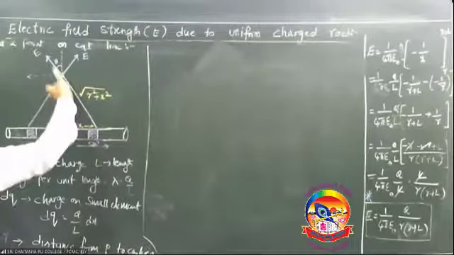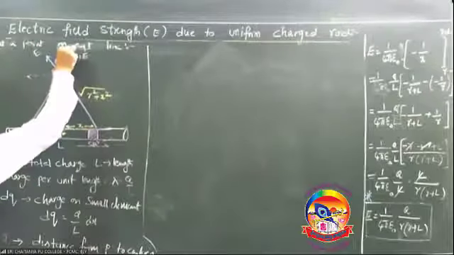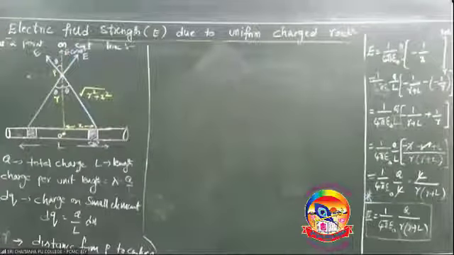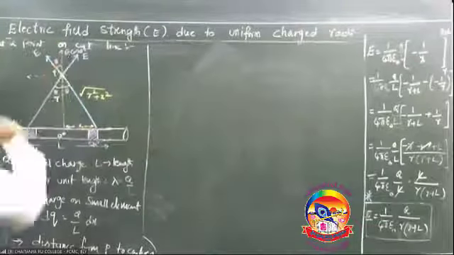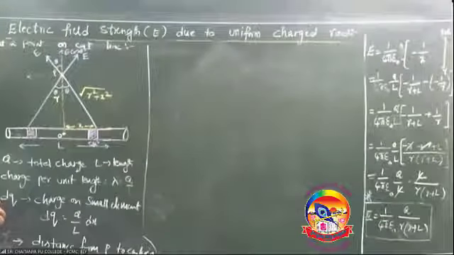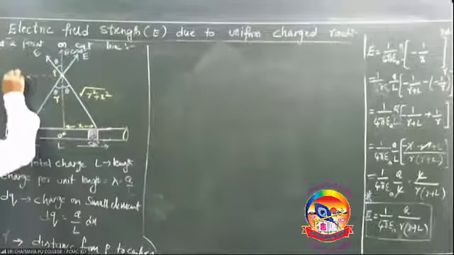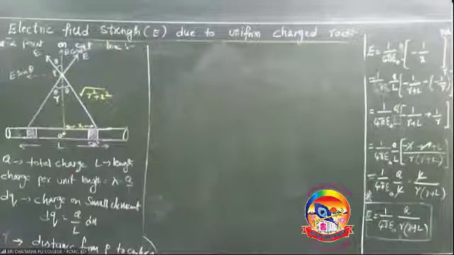If this is theta, its component along this direction is E cos theta, and its component along this direction is E sin theta.